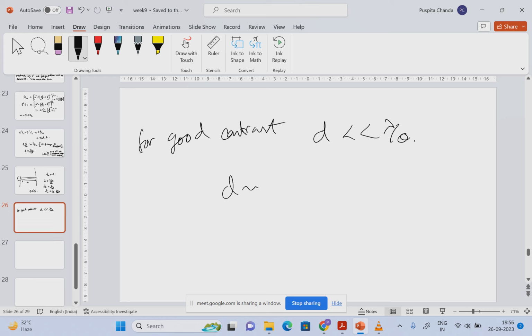If D is larger, then we get poor contrast.